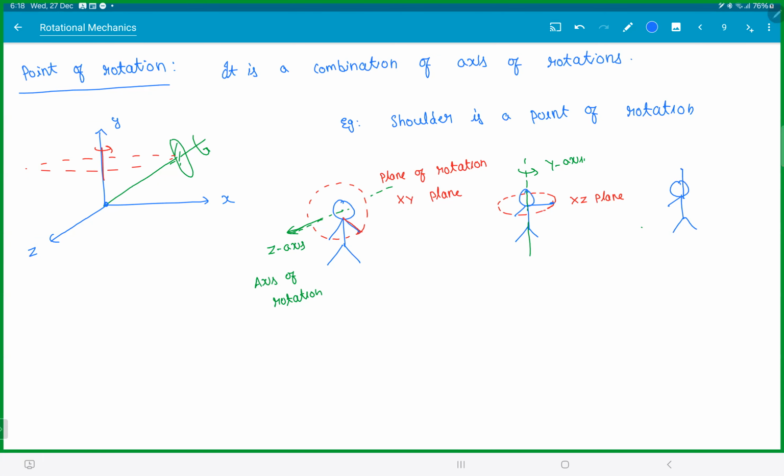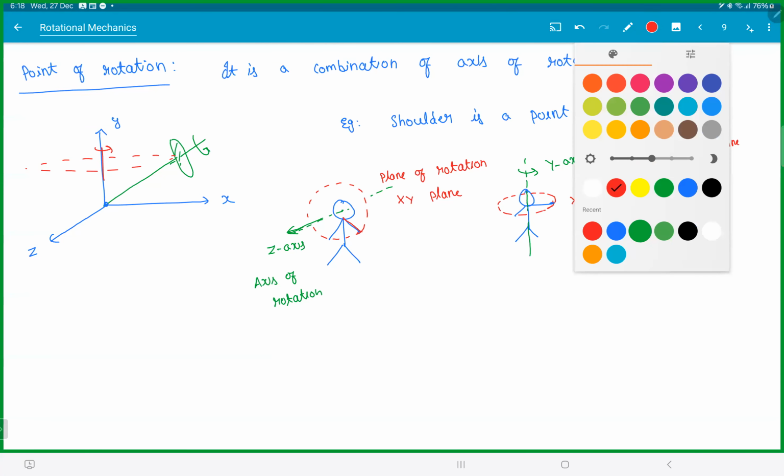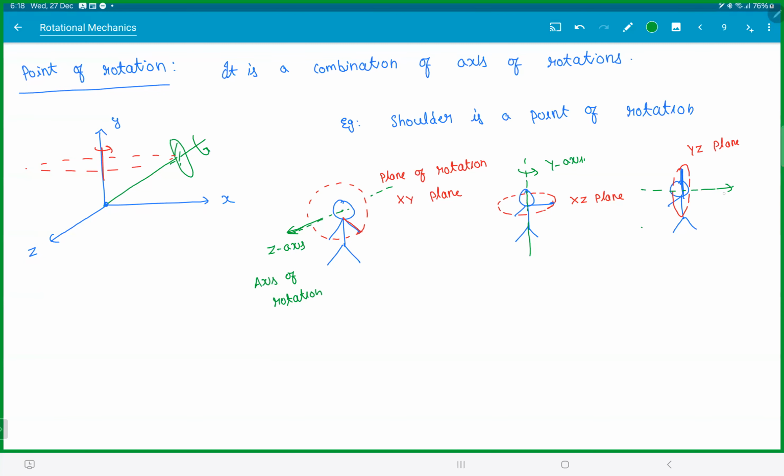The third thing: if you put your hand straight and rotate up and down, this would be a YZ plane rotation, but the axis is along the x-axis. So you will be able to rotate in all three directions: x-axis, y-axis, z-axis.